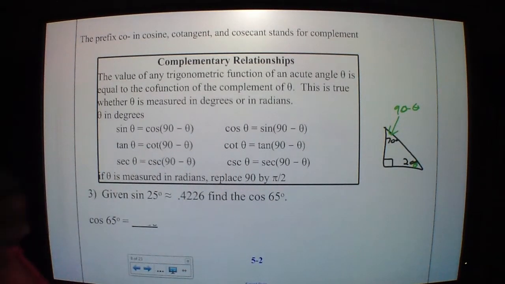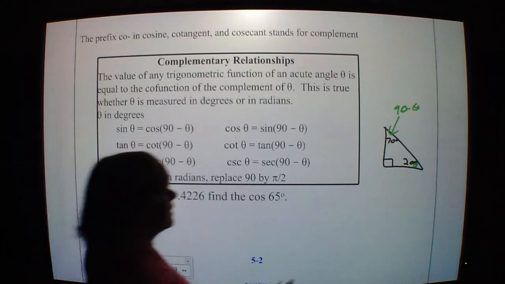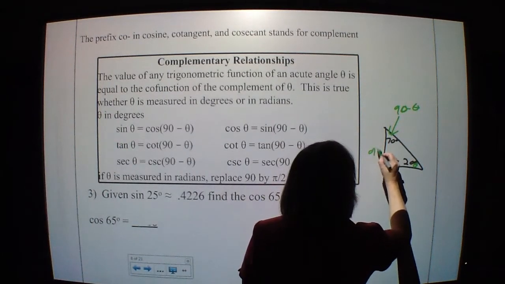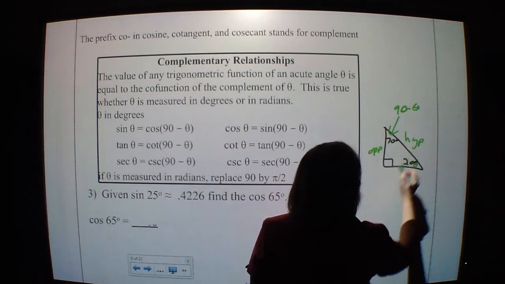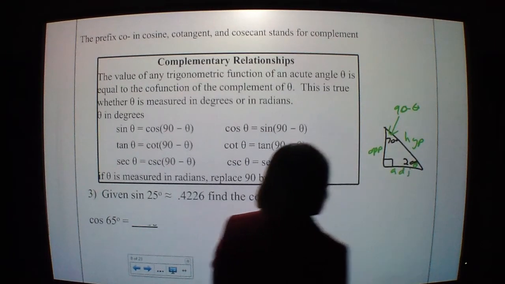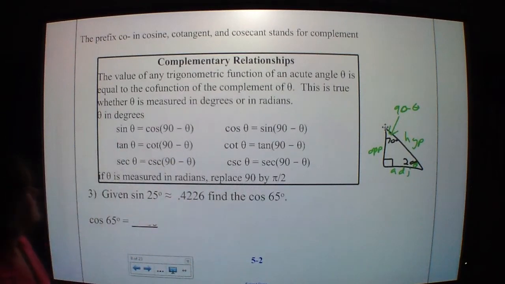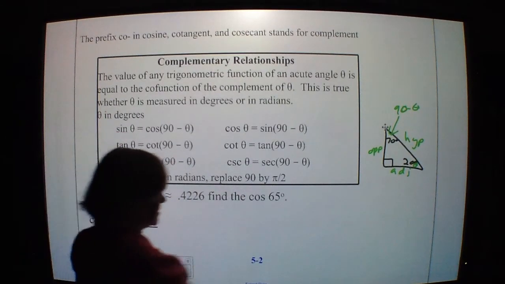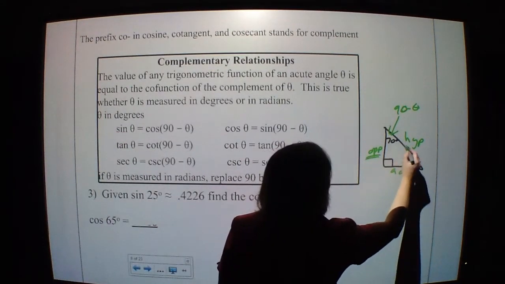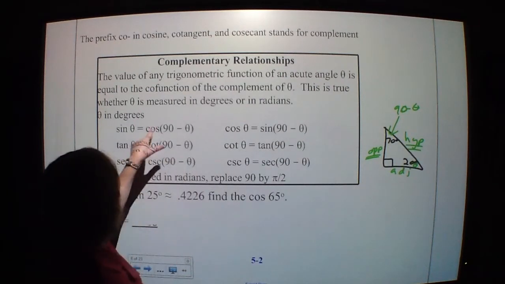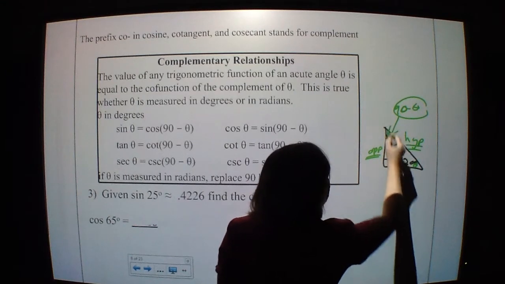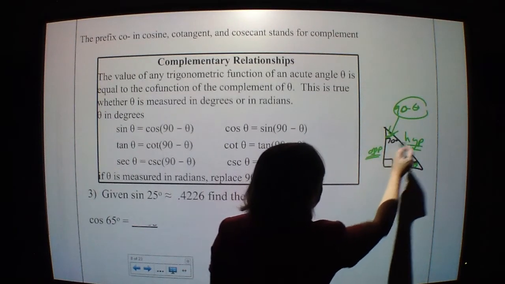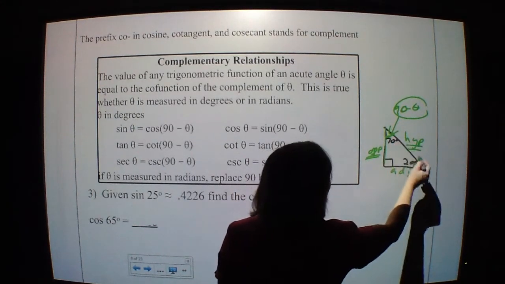So the sine of theta, the sine here is opposite over hypotenuse. Here's my adjacent side. Okay? So the sine of this is my opposite over hypotenuse. The cosine of this angle right here is my adjacent side, which is the same side, over hypotenuse.